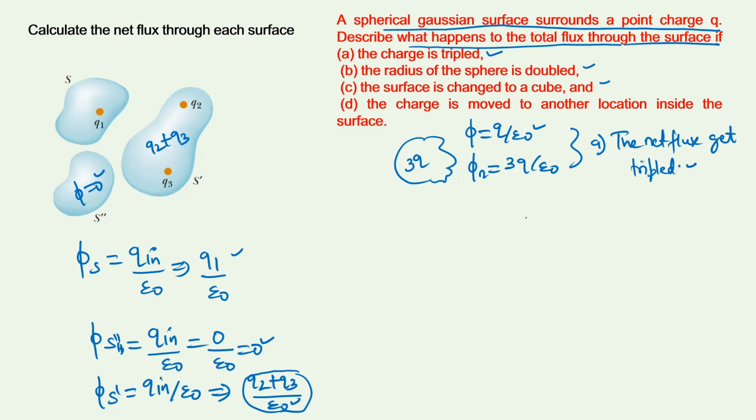For part B, if the radius of the sphere is doubled, what will happen to the total flux?